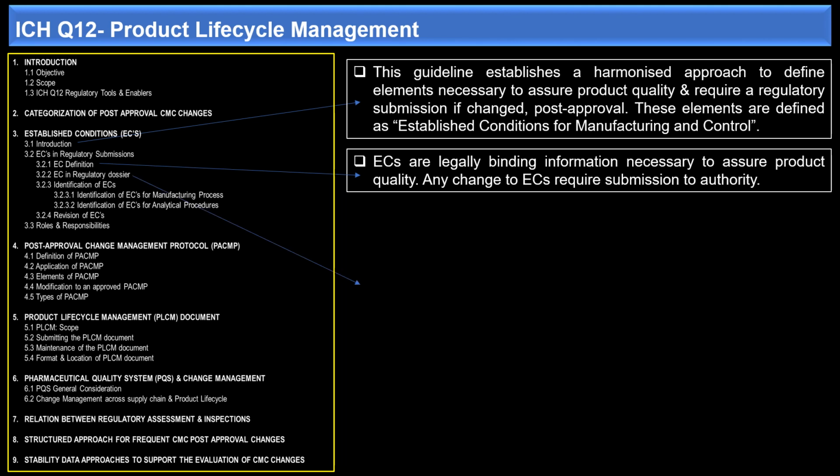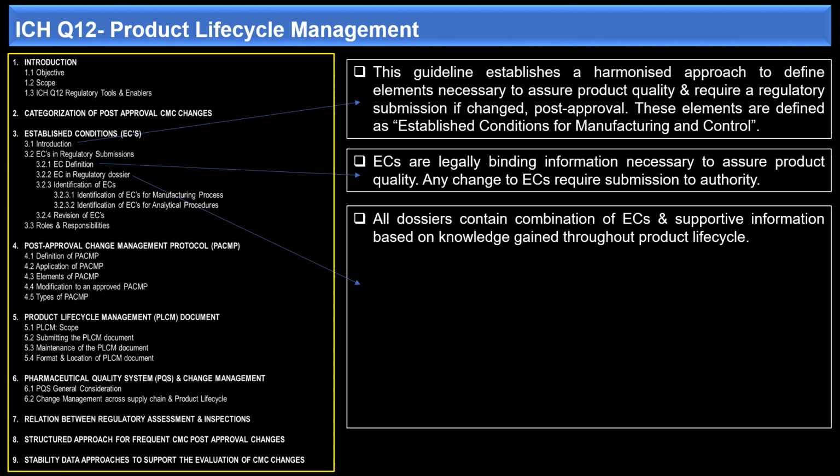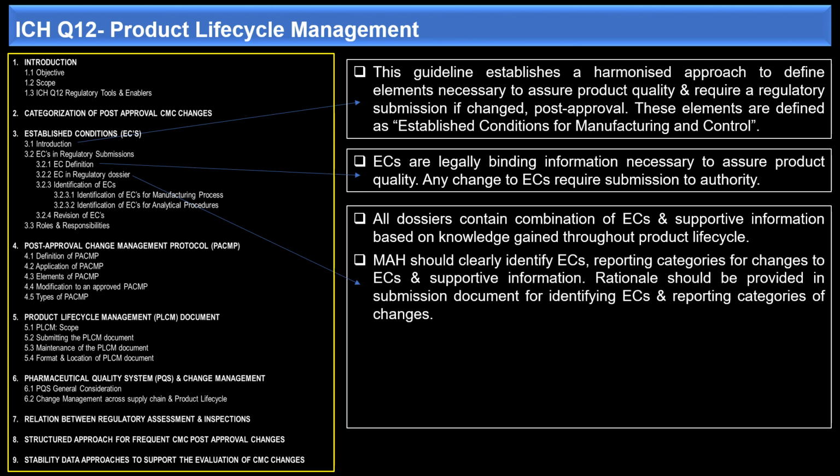If we look at the ECs in the regulatory dossier, all dossiers contain a combination of the established conditions and supporting information based on the knowledge gained throughout the product life cycle. So the MAH should clearly identify the ECs, reporting category for changes to the ECs and supporting information.